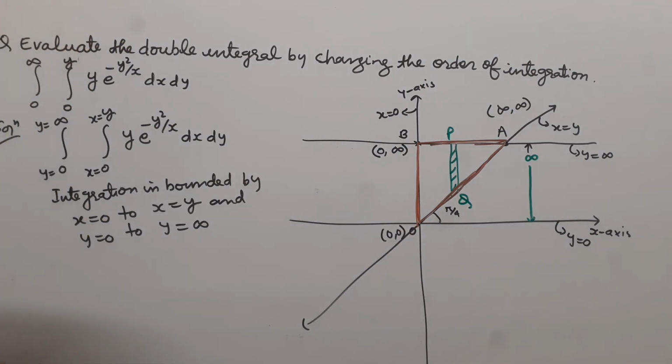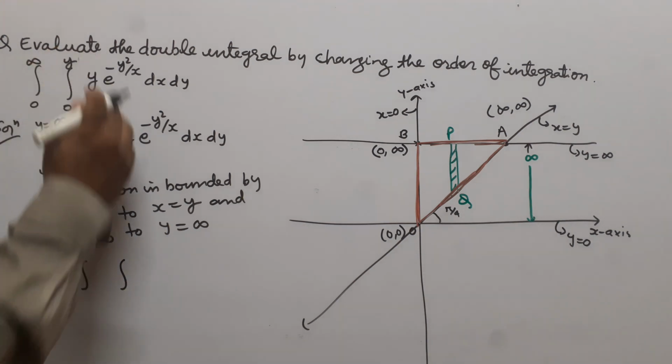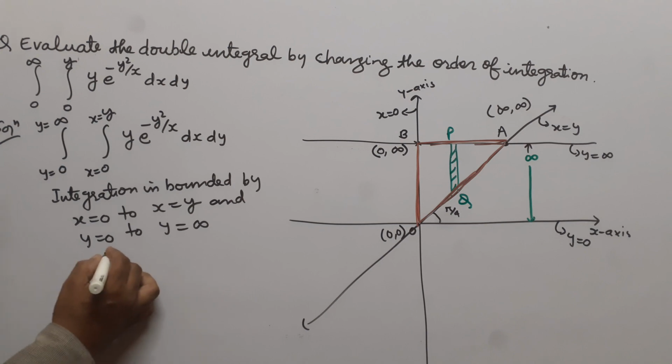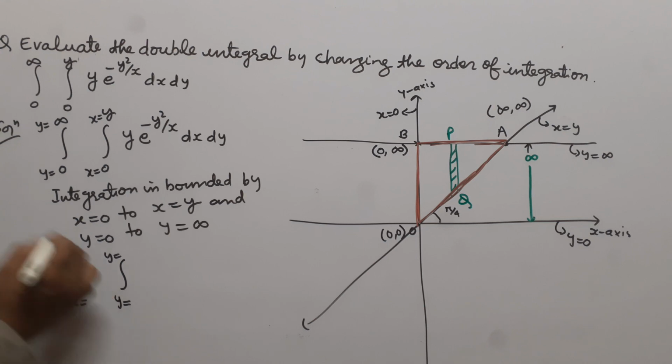Now when we change the order of this double integral, the limit on the right integral becomes the limit of y, and the limit on the left integral becomes the limit of x.